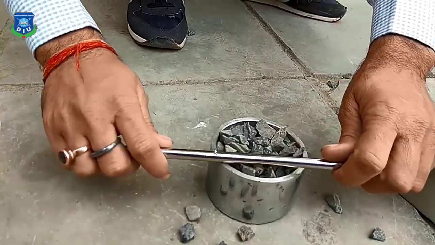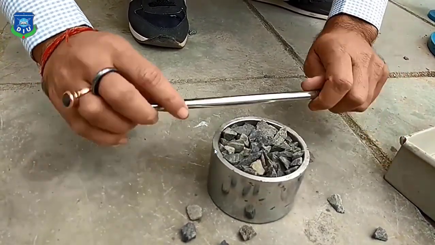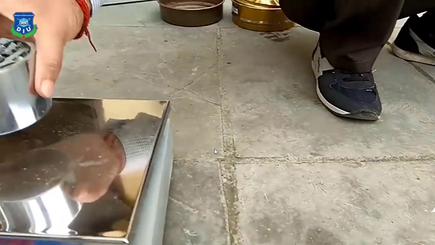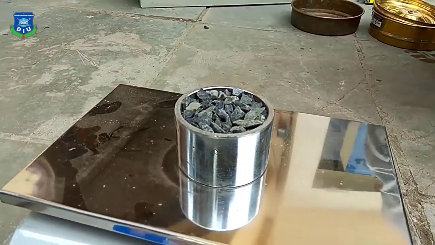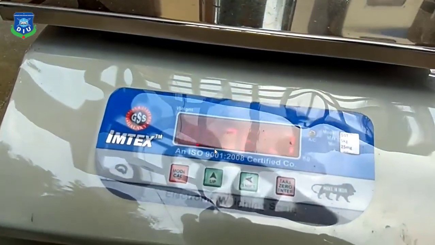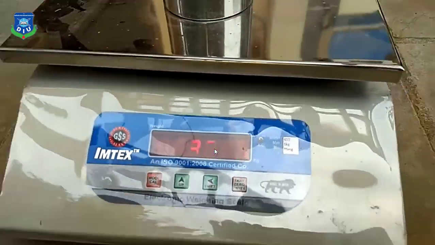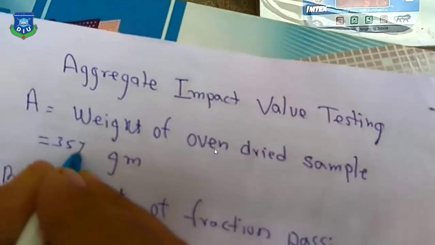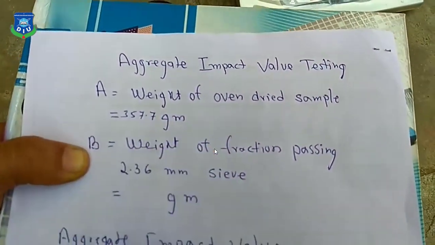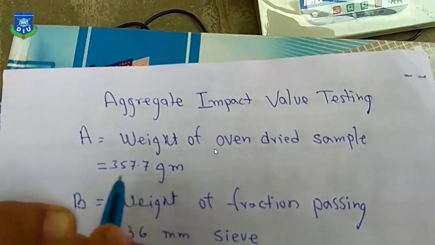When it is filled, we will level it. Then we will take the weight. Let the weight be 357.7 gram. So this is our initial weight, 357.7 gram. This is the weight of the oven dried sample.